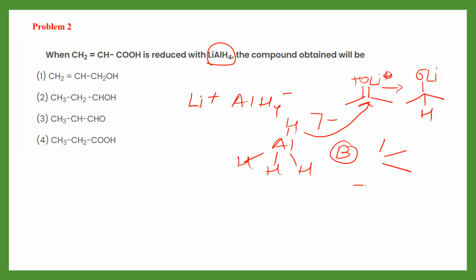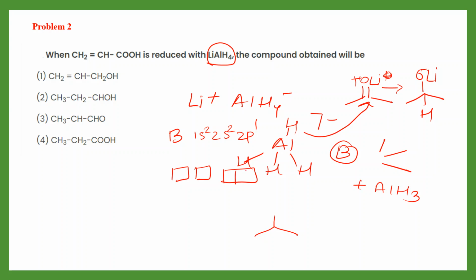And it will become AlH3. AlH3 now again becomes electron deficient, because if you know boron has 1s2, 2s2, 2p1, right? After having three bonds also, let me draw it this way.